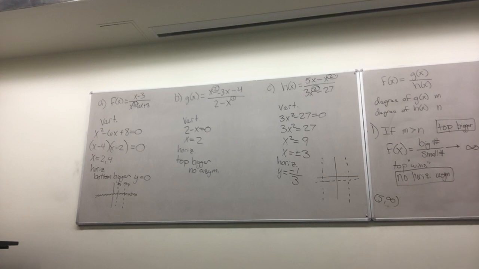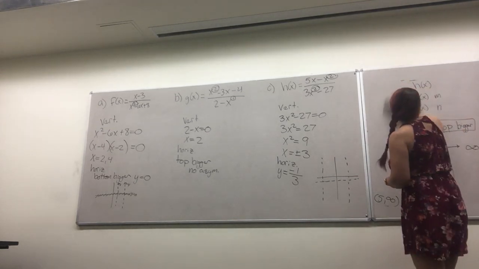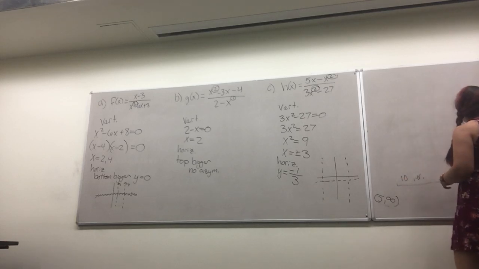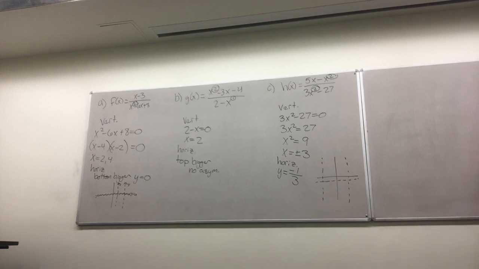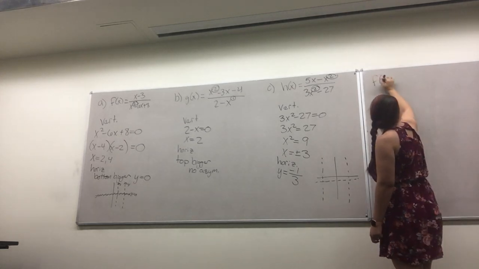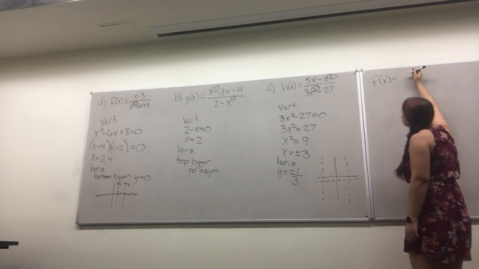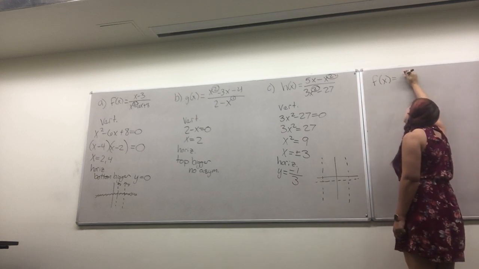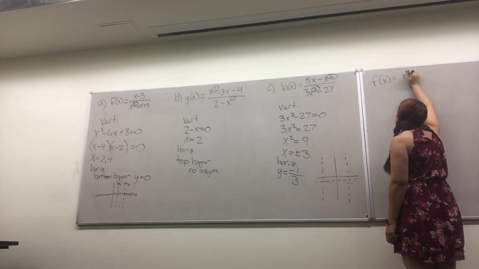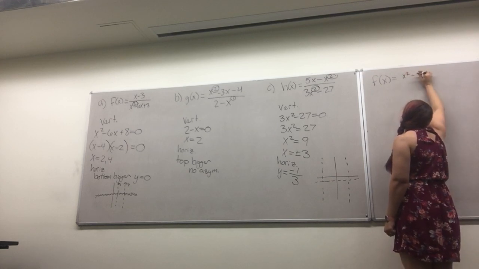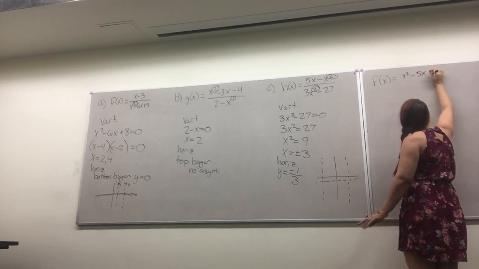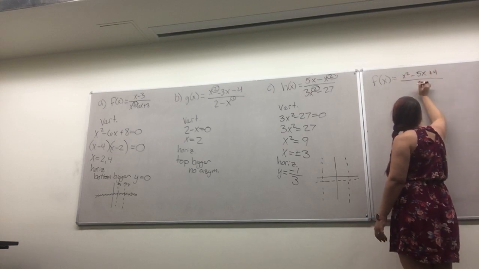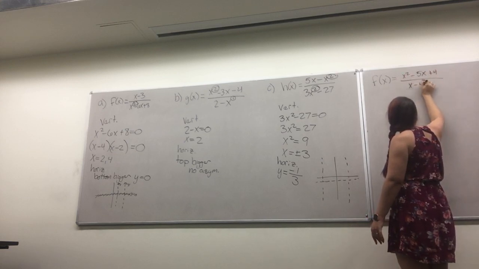Okay, so what I mean by that is if we have f of x equals x squared minus 5x plus 4 over x minus 4.